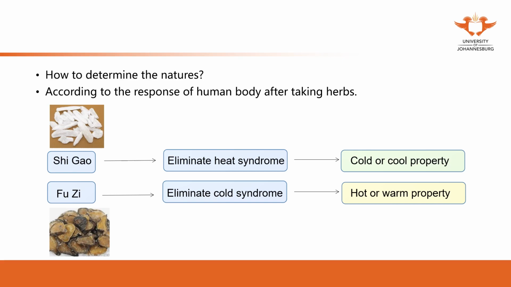If some herbs only eliminate a little bit of cold syndrome, then we say that the herbs have the property of warm. If the herbs can improve the cold syndrome dramatically, then we say the herb is hot.